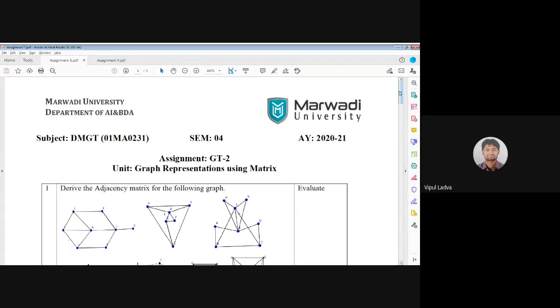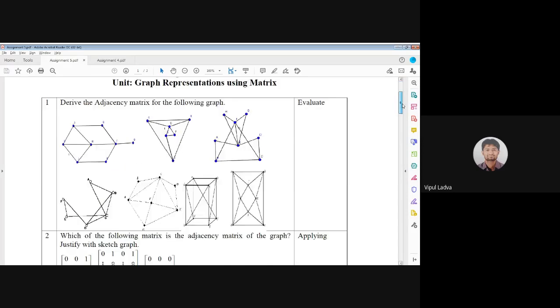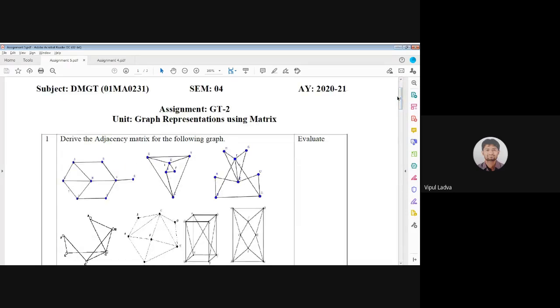Assignment 5 is for unit number 5. And I will share one more assignment labelled GT3, graph theory 3, for planar and non-planar graphs. This one is purely based on the 5th unit, which we just ended in the morning session.